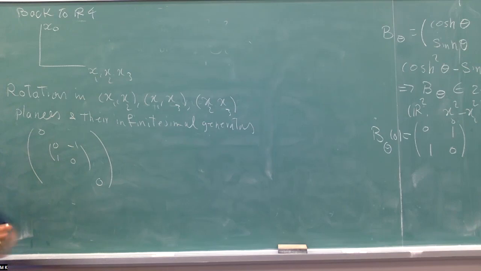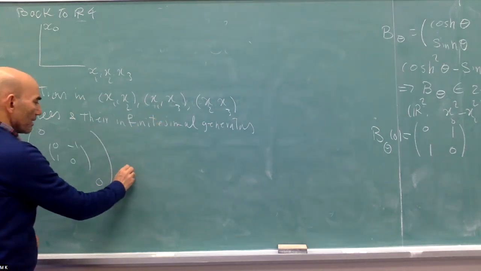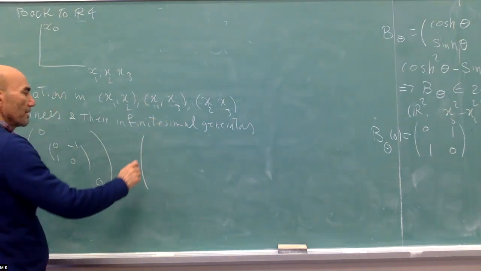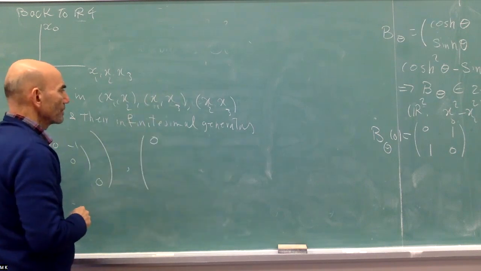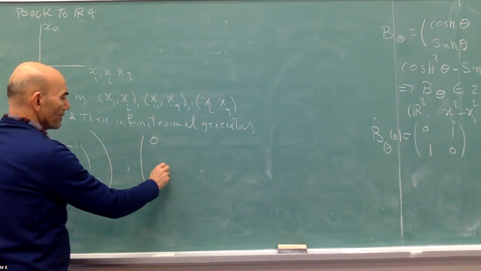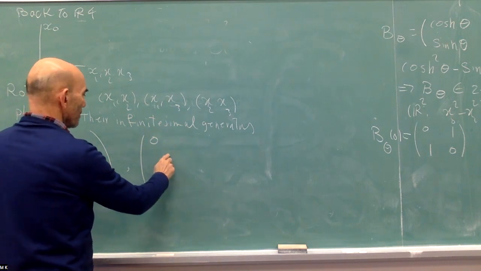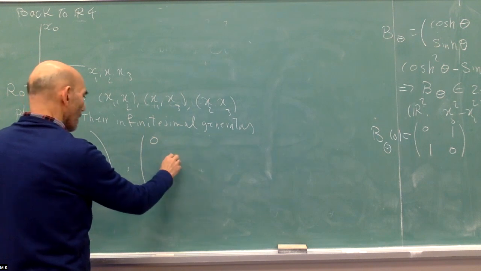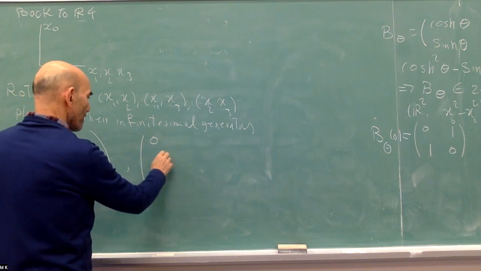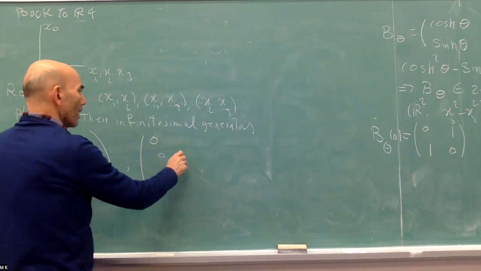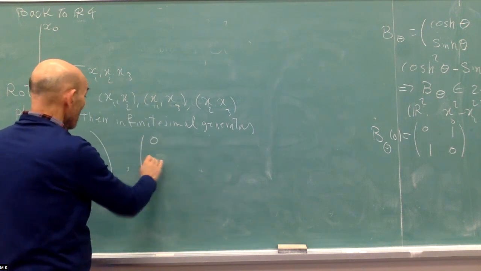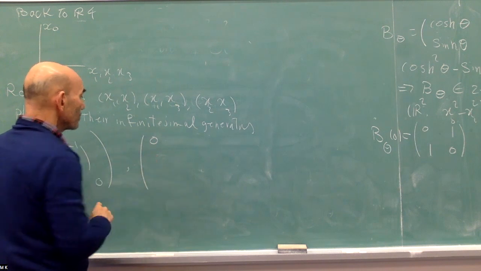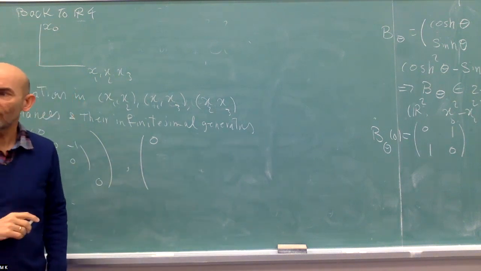Right? And then for x1, x3, we get some matrix which is like this. So, always 0 here because time doesn't change, but x1, x3. So x1 is going to be something like, so 0 here. And then, okay, so should I draw all these things?